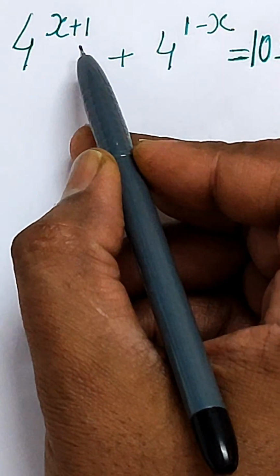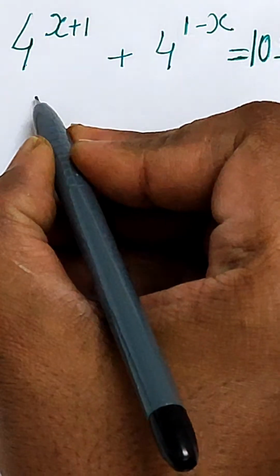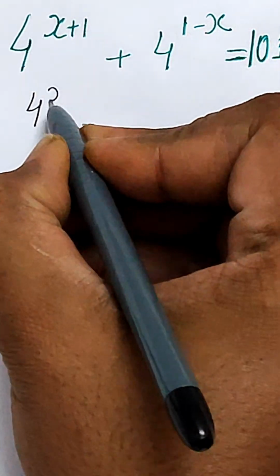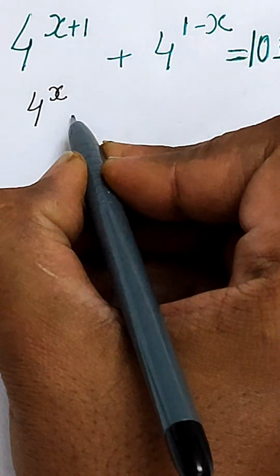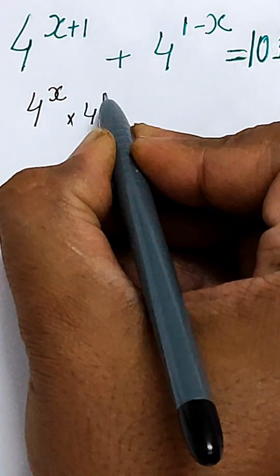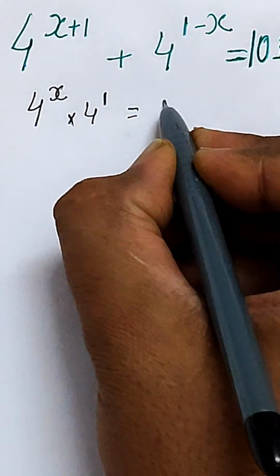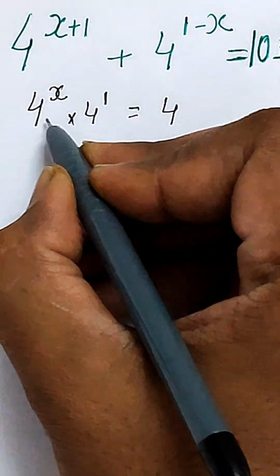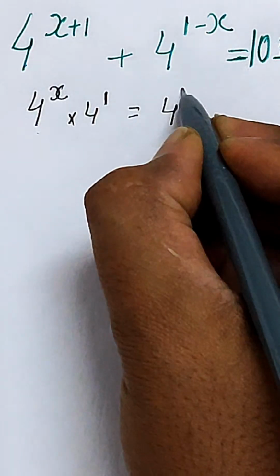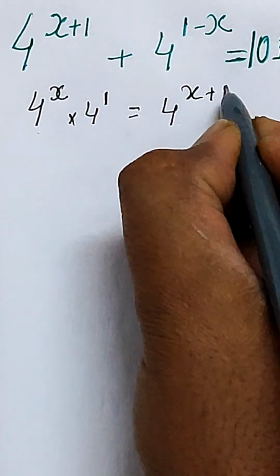just expand the given terms. When you expand the given terms, it will be 4 to the power x into 4 power 1. That means when you multiply both these terms, you will get 4 power x plus 1, isn't it?